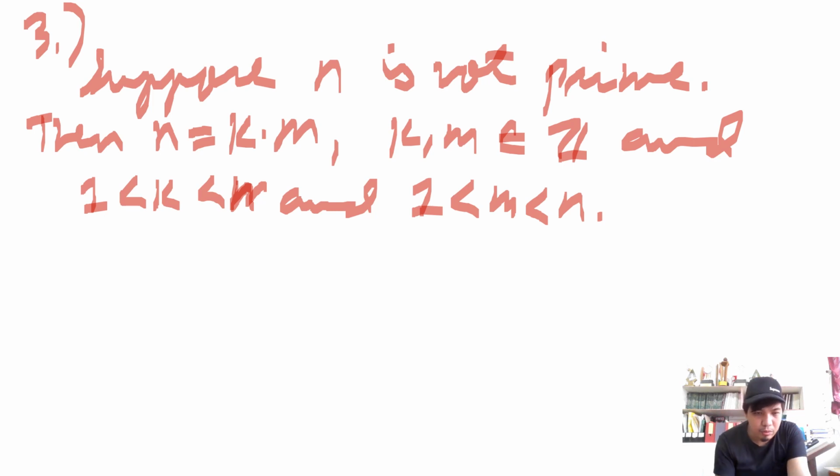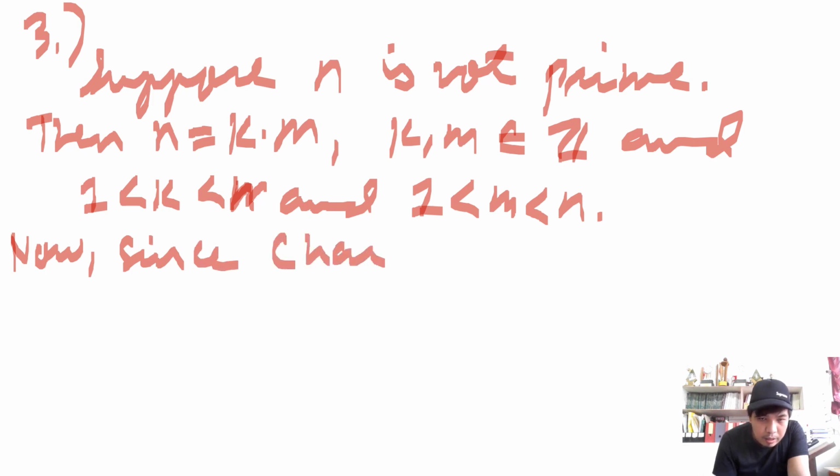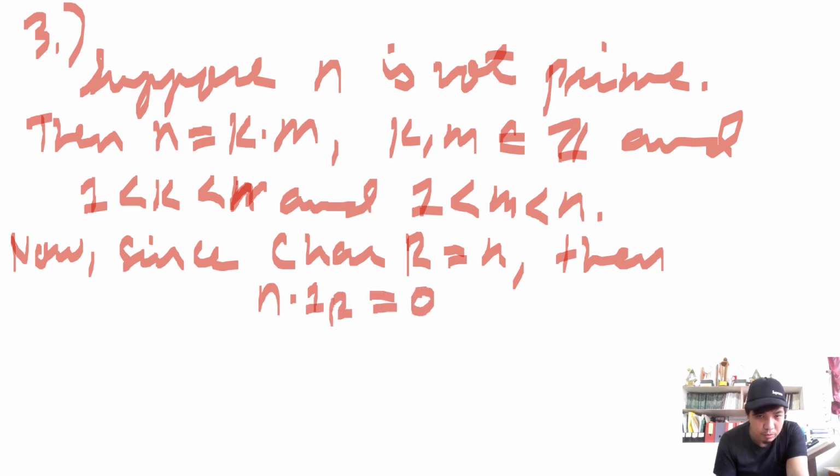Now since the characteristic of r is equal to n, then we know that n times 1 sub r is equal to 0. This is a particular case where a is equal to the identity element 1 sub r.